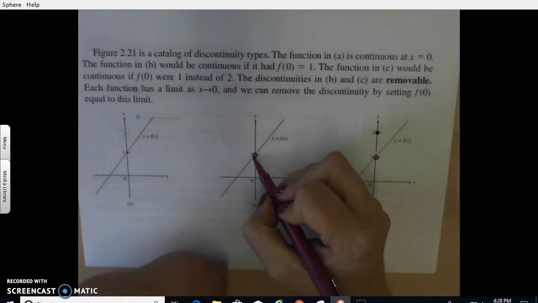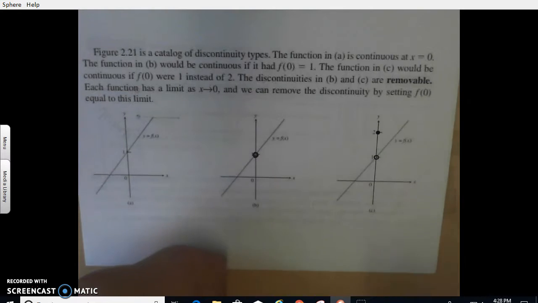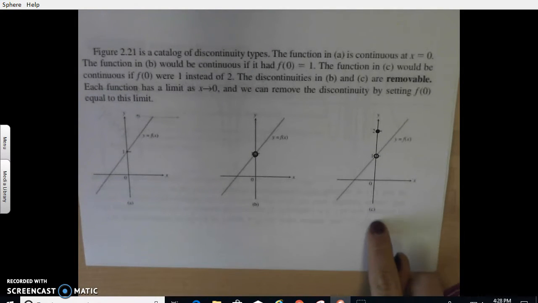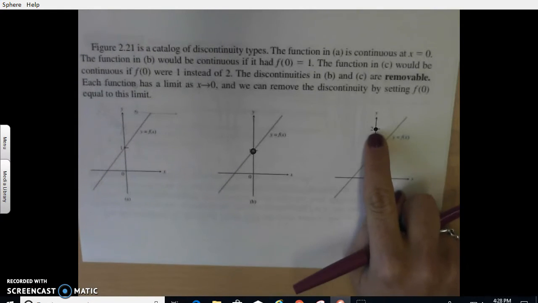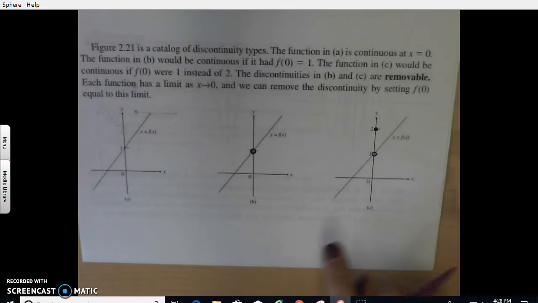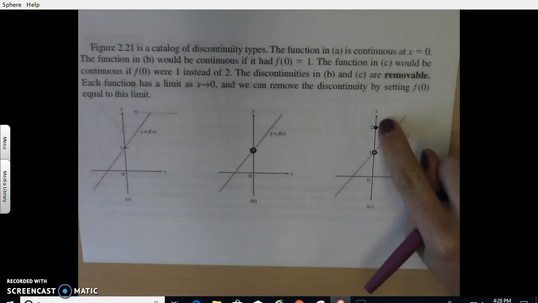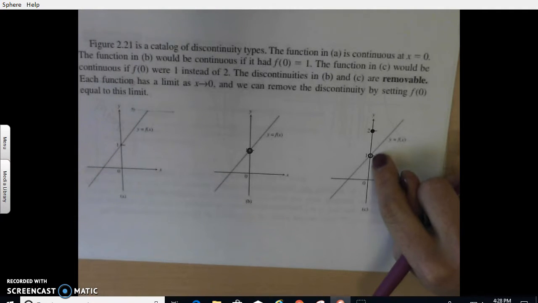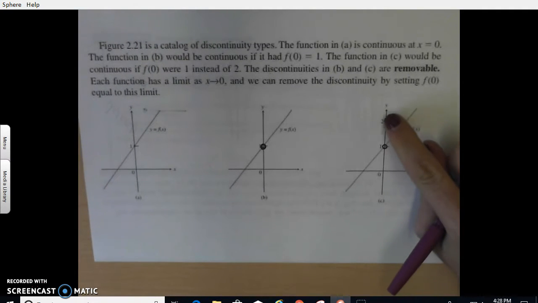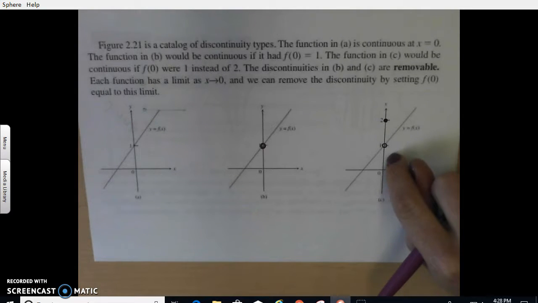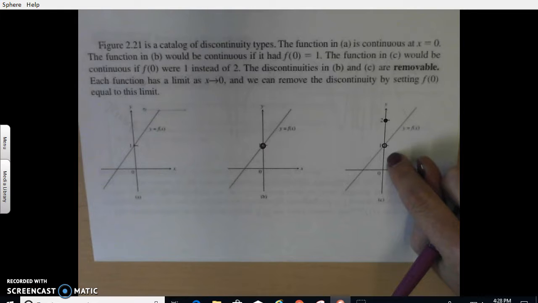But it's not continuous at x equals 0 because we have a hole. And then we have in C a hole and a different defined point. So this would be continuous if f of 0 was 1 instead of 2. But since our function is defined at 2, this is not continuous, or it is discontinuous.